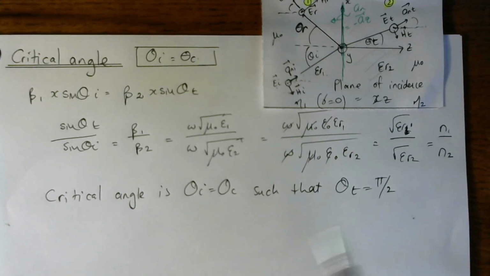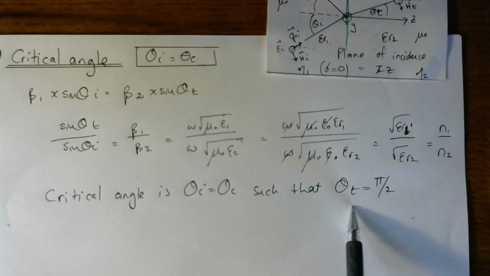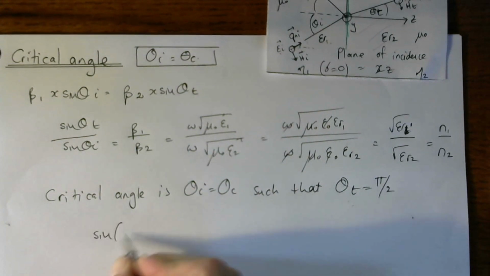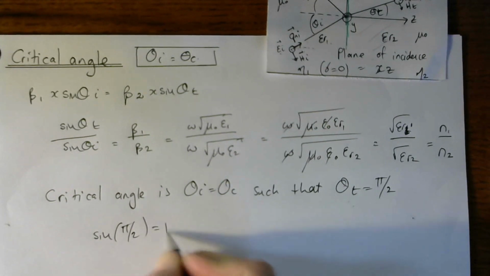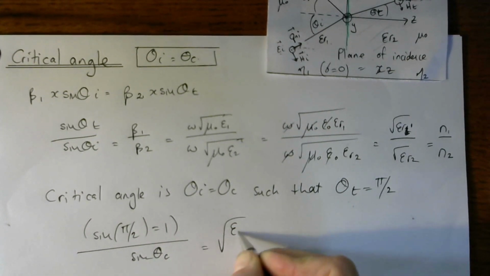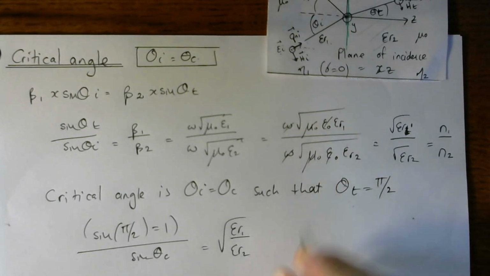I can just substitute that into this equation. So sine of pi over 2, which is equal to 1, divided by sine theta c, is equal to the square root of epsilon r1 over epsilon r2.